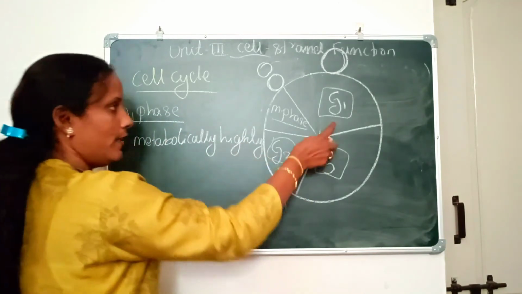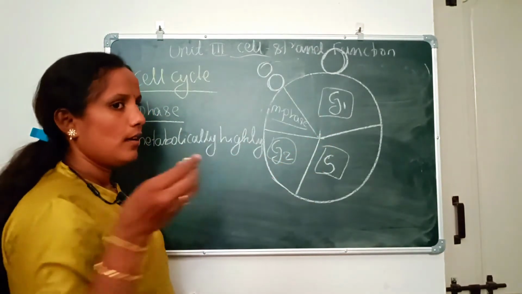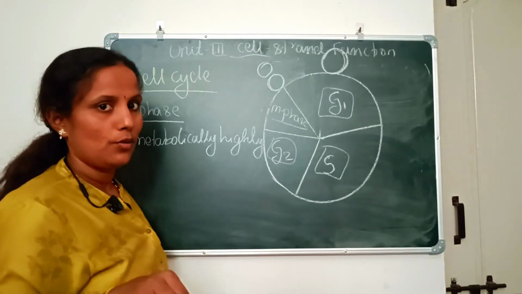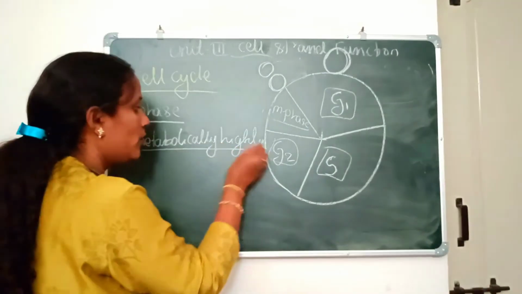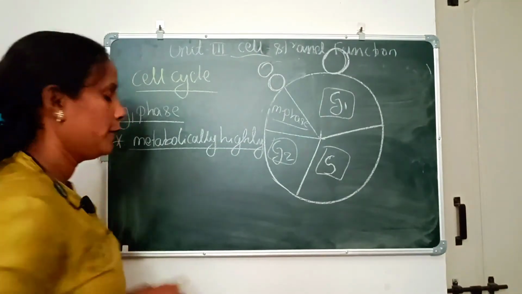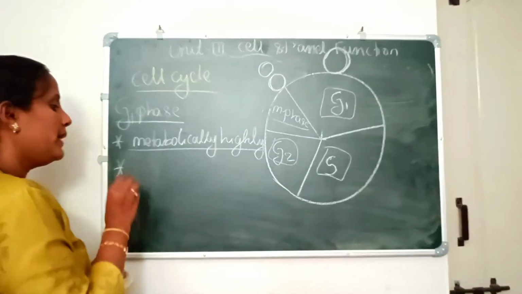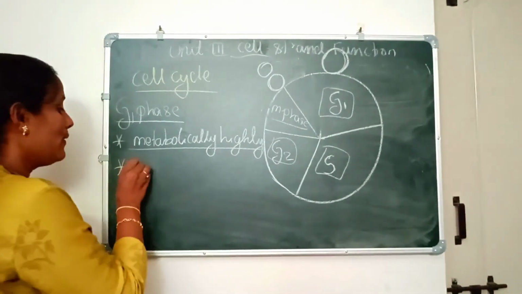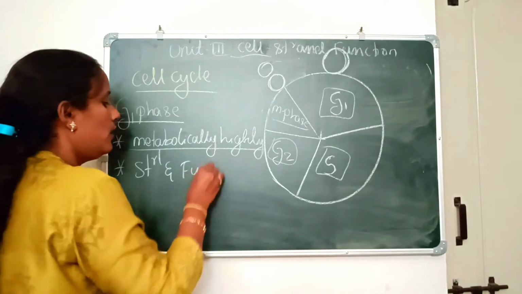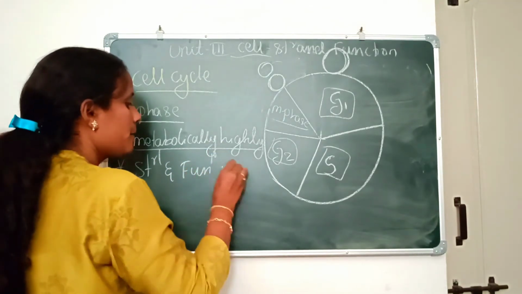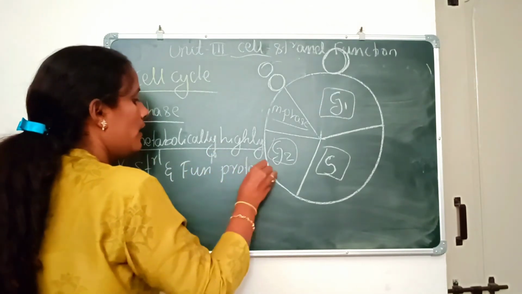That is, it is a subphase of interphase, right? Interphase means resting phase, we told. But even though it is called resting phase, the cell is metabolically highly active. That means it will be synthesizing the structural and functional proteins required for cell division.